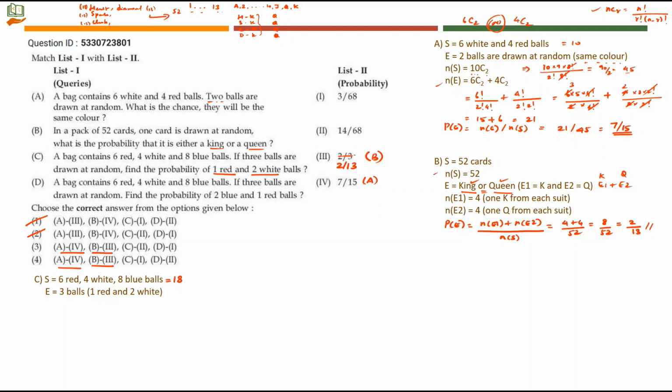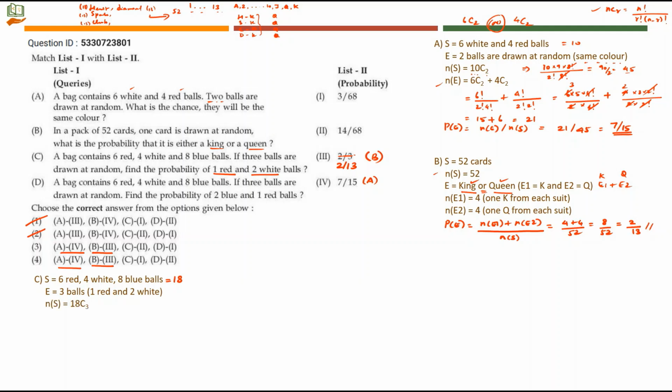So when they say two balls are drawn at random, you have an option to select from white and from red. So that's why A had plus here, or operation. Regarding B, they asked either for a king or a queen, so again we used plus. But here the case is they want red along with 2 white.